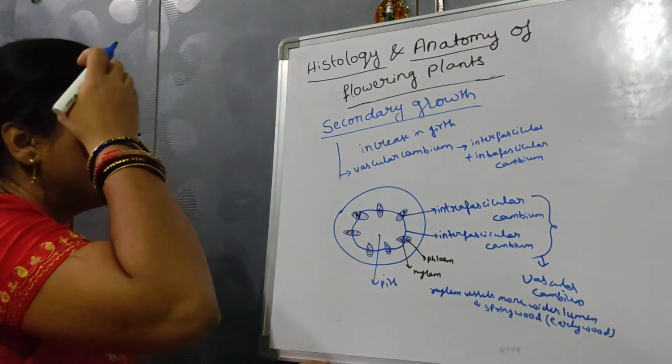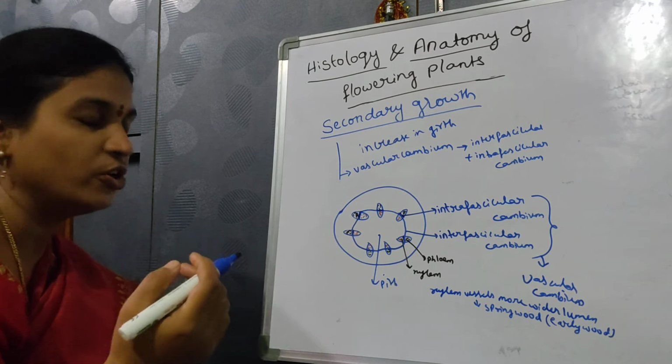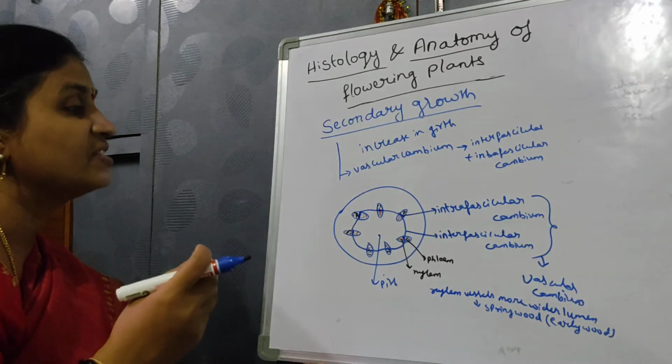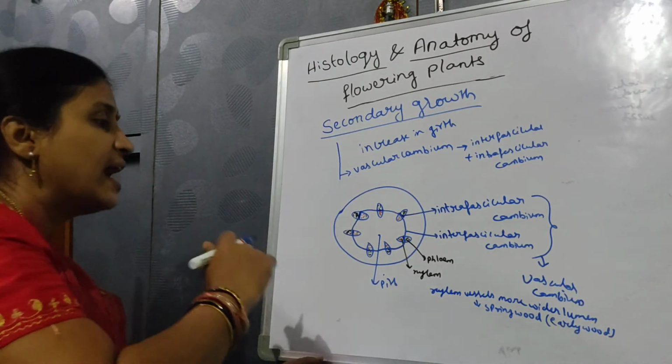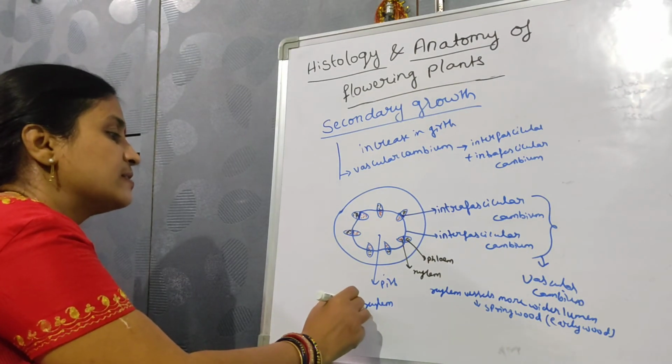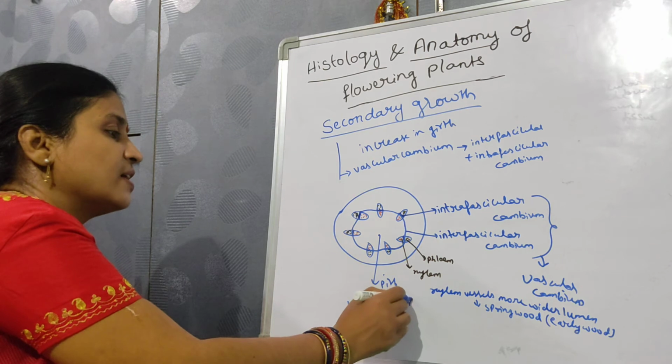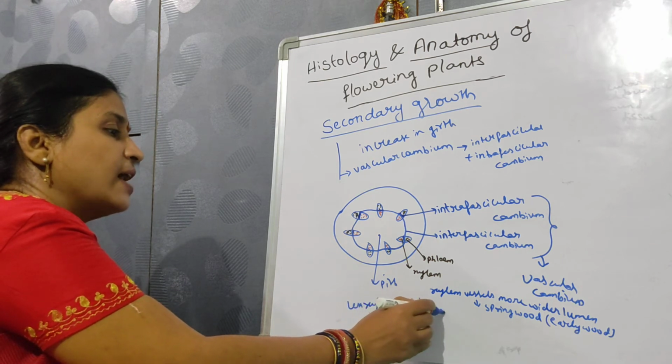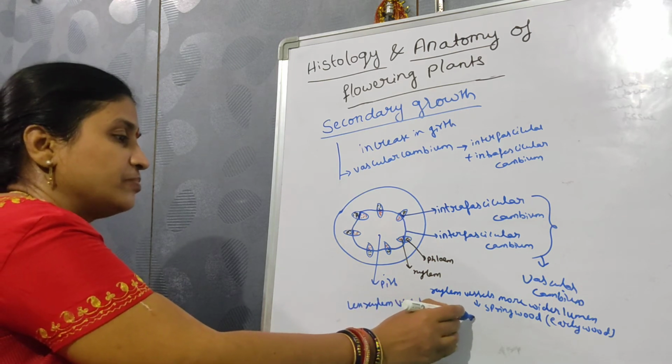Okay, then what happens during unfavorable conditions, during the autumn season? The xylem has fewer vessels and narrow lumens.